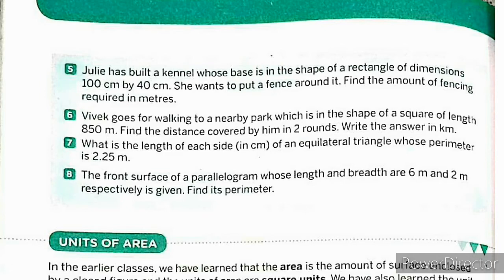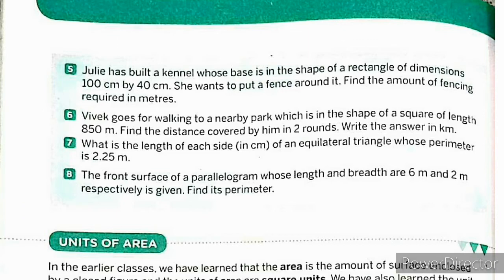Okay, so what is this word problem? Julie has built a canal whose base is in the shape of a rectangle of dimensions 100 centimeter by 40 centimeters. She wants to put a fence around it. Find the amount of fencing required in meters.